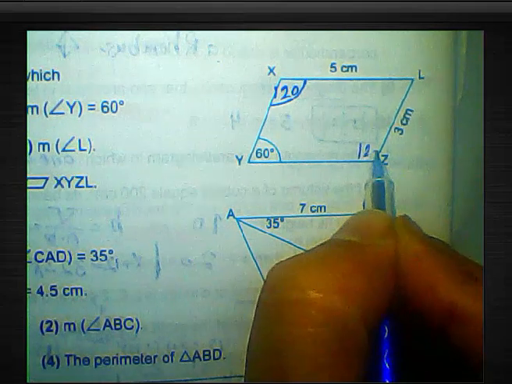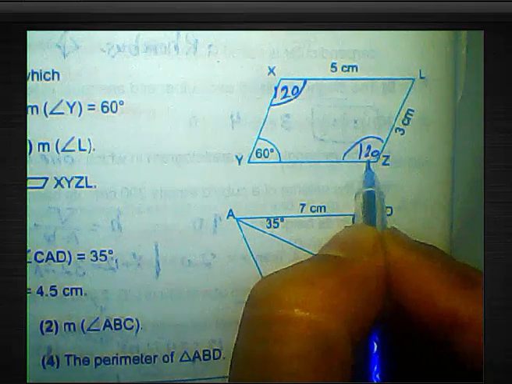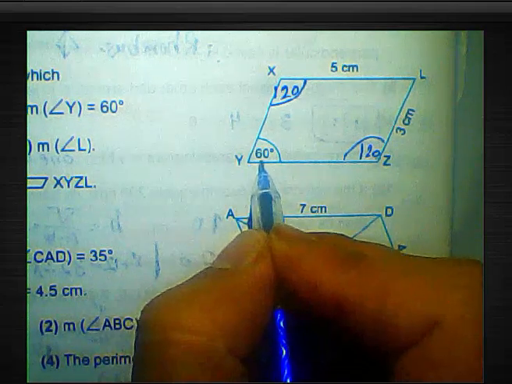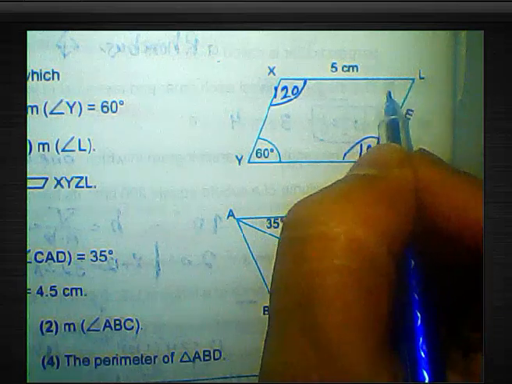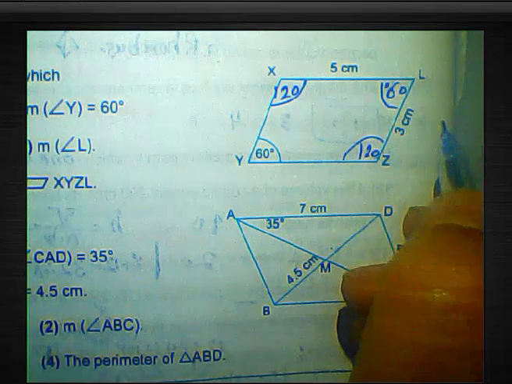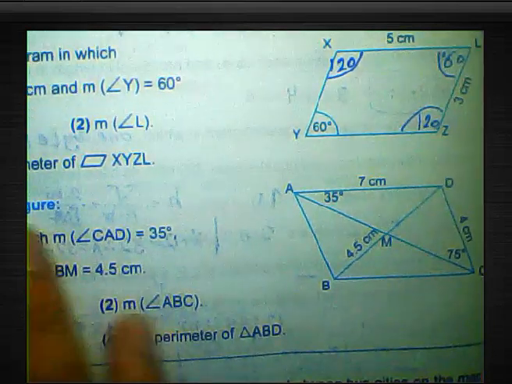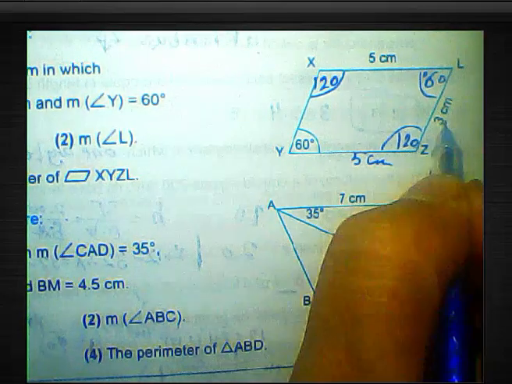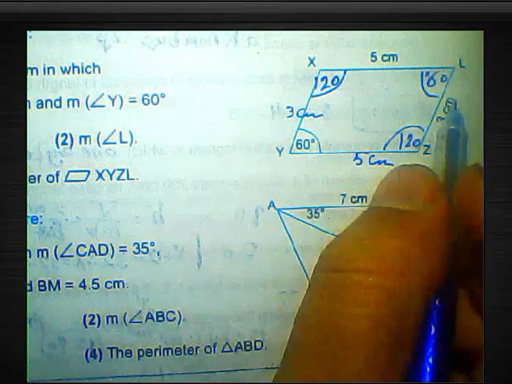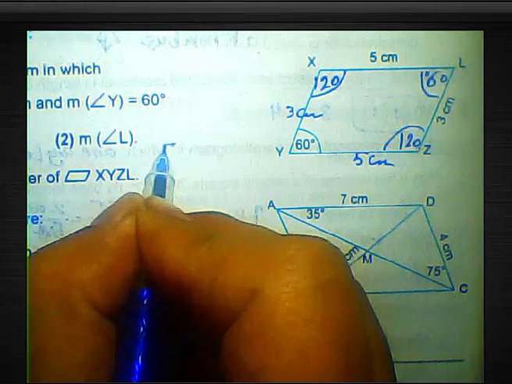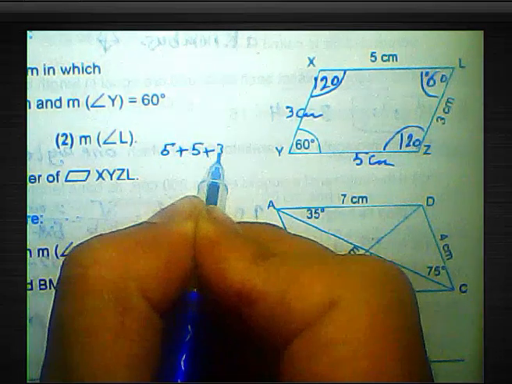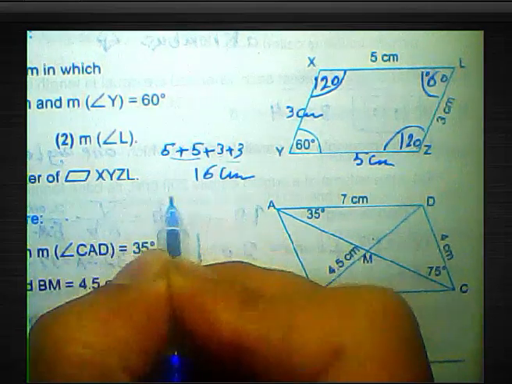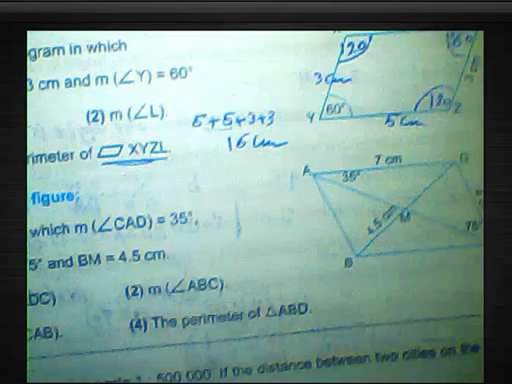This angle, the measure of the angle will be 120 because its opposite angles are equal in measure, and Y equals 60 degrees, and L here, measure of it equals 60 degrees. And the perimeter of the parallelogram we can find: 5 plus 5 plus 3 plus 3. 5 plus 5 equals 10, 10 plus 6 equals 16 centimeter. It's the perimeter of the parallelogram.